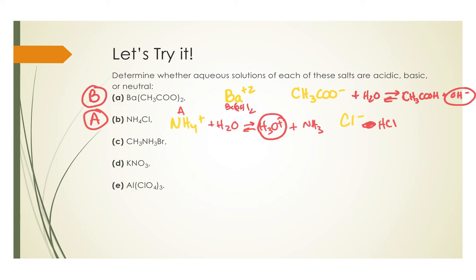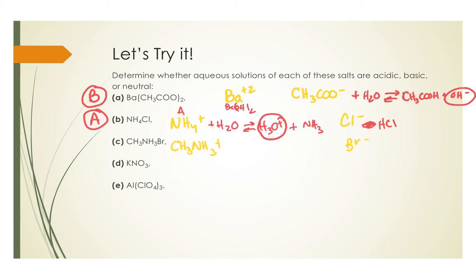All right. Next one we have on here, methyl ammonium bromide. So we have the methyl ammonium ion here. Its conjugate is going to be methylamine, which is CH3NH2. That is a weak base.